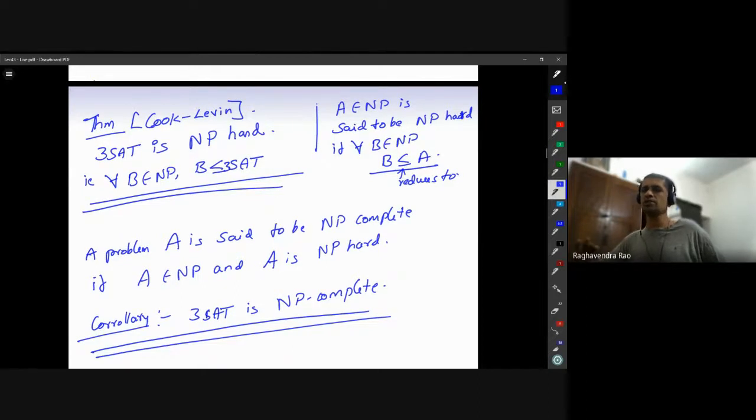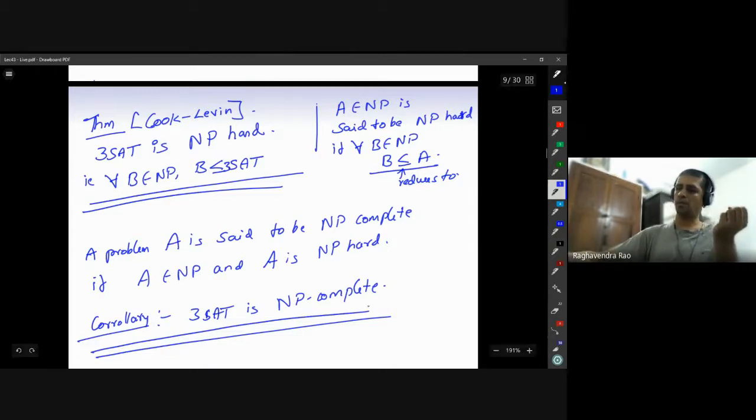So this is the most fundamental, breaking result in complexity theory, or even in algorithms and complexity. In fact, this is the statement which actually led to the development of what is known as complexity theory today. The whole area of complexity theory is founded upon this result of Cook and Levin.